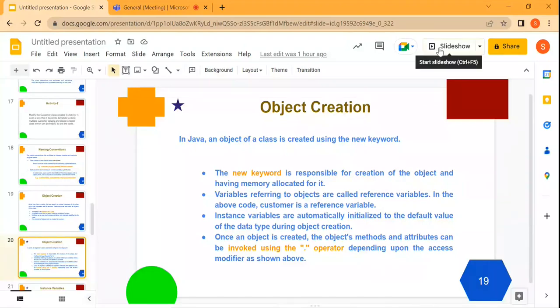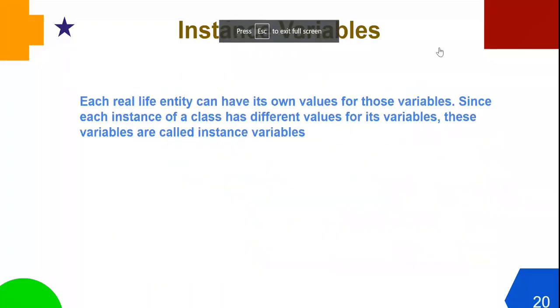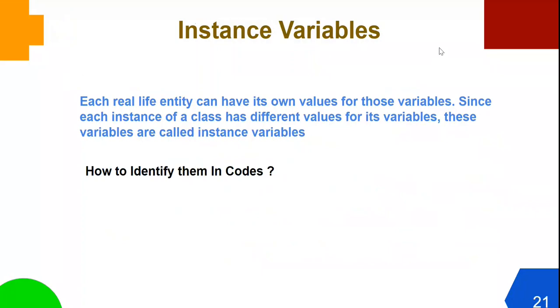Now, let's try to understand the definition of instance variable. Each real life entity can have its own values for its variables. Since each instance of a class has different values for its variables, these variables are called instance variables. How to identify them in the code?